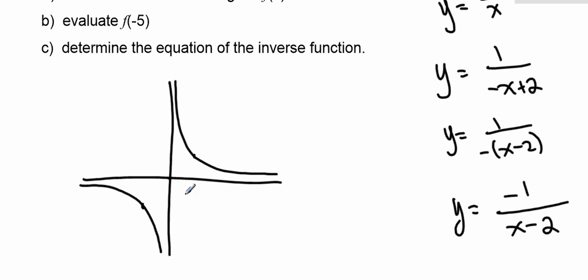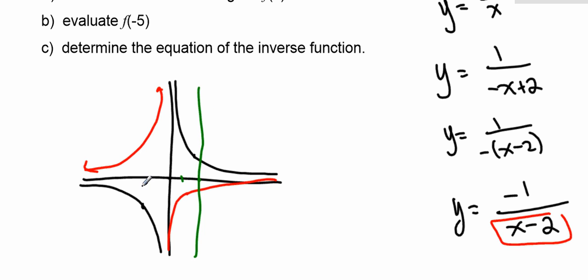So here's what the reflected graph looks like. Sorry, my drawing's not so great. But here it's reflected, and you can consider that a reflection over the x or the y. It doesn't matter. It looks like this. I also know that I've moved everything to the right by 2. So my asymptotes are actually going to intersect at this green intersection, and my equation is going to look like this.